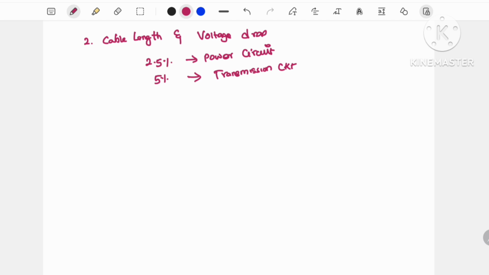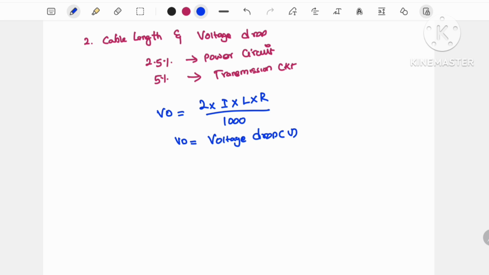So what is the formula for the voltage drop? Vd equal to 2 into I into L into R divided by 1000. Where Vd means voltage drop, called V. I equal to current, right?